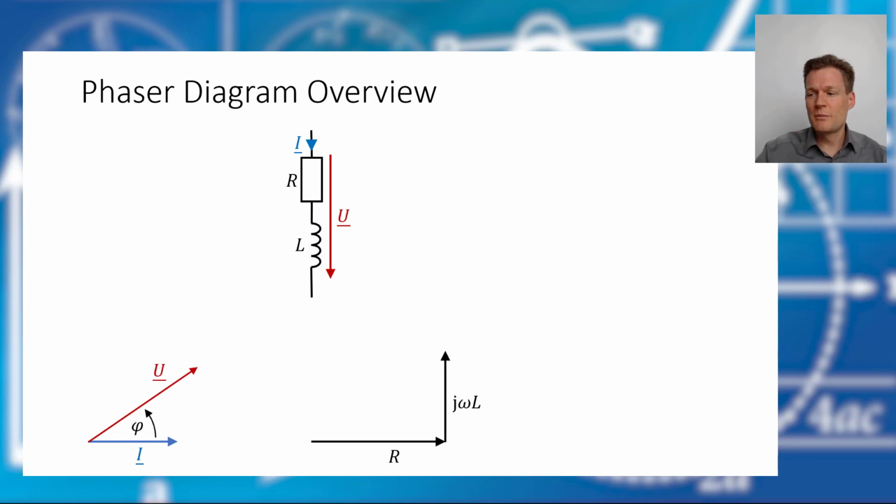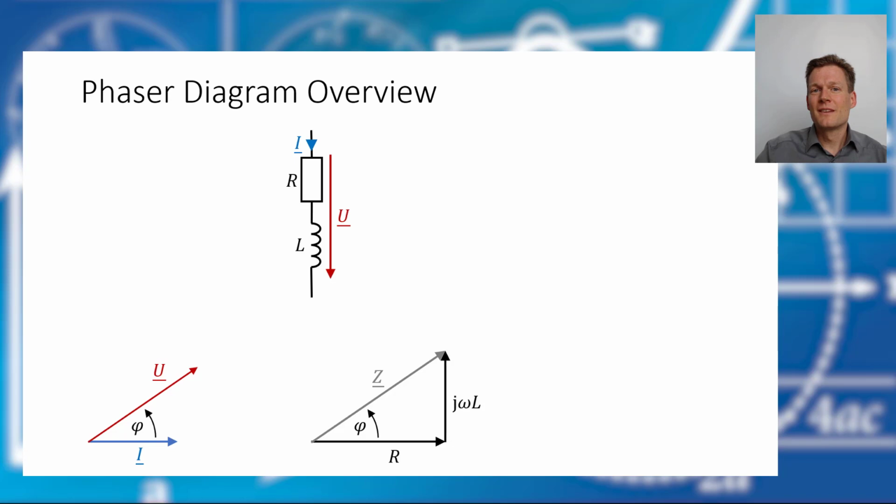And the total impedance is the sum of them, and it looks like this. And the cool thing now is that we have in this phasor diagram the same phase angle as we had in our phasor diagram with current and voltage.